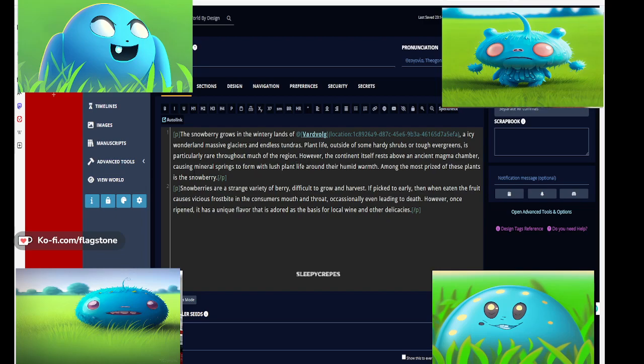Among the most prized of these plants is the snowberry. Snowberries are a strange variety of berry, difficult to grow and harvest. If picked too early, then when eaten, the fruit causes vicious frostbite in the consumer's mouth and throat, occasionally even leading to death. However, once ripened, it has a unique flavor that is adored as the basis for local wine and other delicacies.